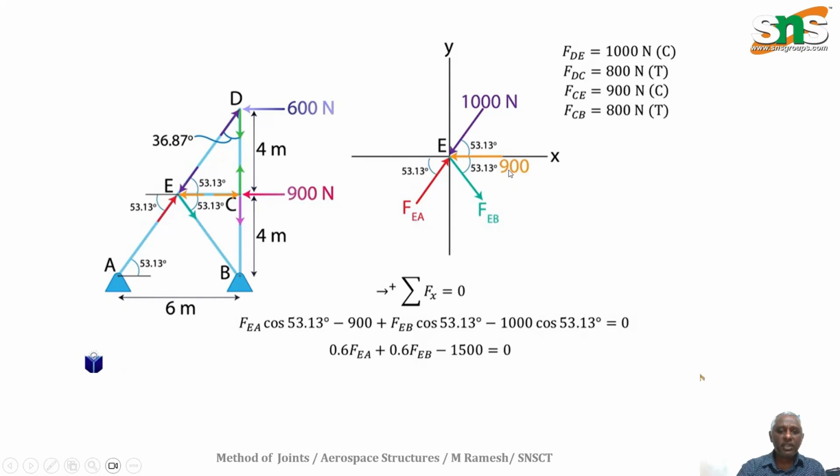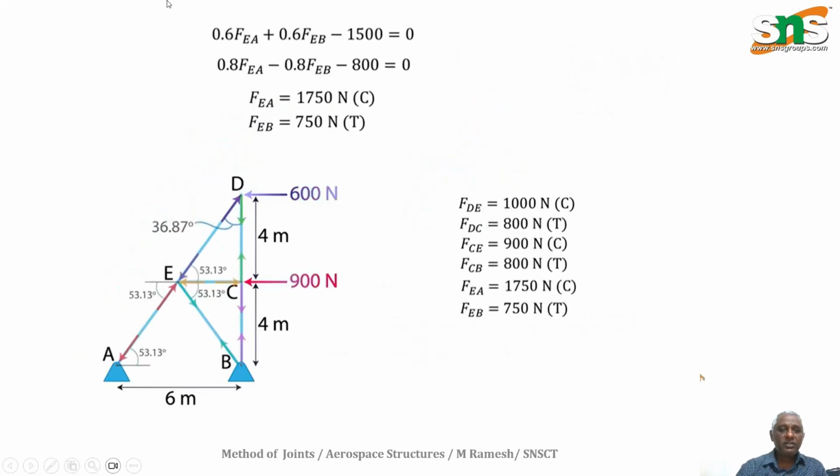So you will get two equations from this: the sum of all horizontal forces equal to 0, and the sum of all vertical forces equal to 0. Two equations are coming, then you just solve them and simplify, and you will get the values of FEA and FEB: 1750 Newton compressive force and 750 Newton tensile force. So from that, we found this one and this one.